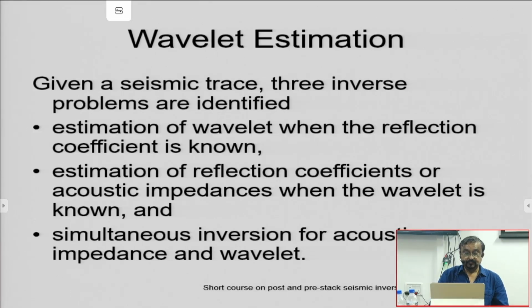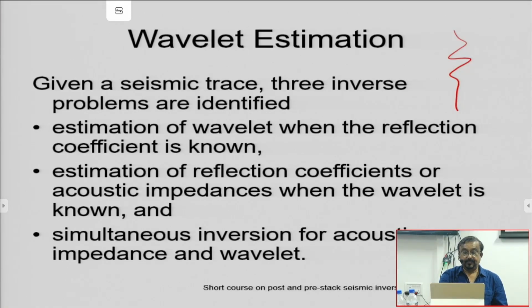But before I talk about that, let's say that I have a seismic trace, and let's say that this is my post-stack seismic trace, right? So you can identify 3 inverse problems.